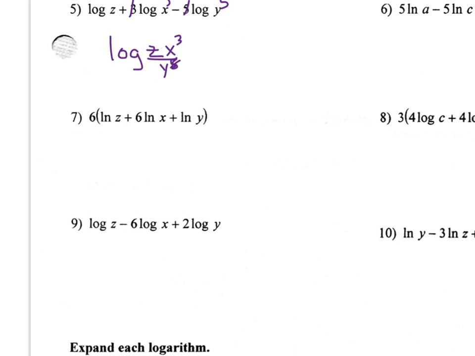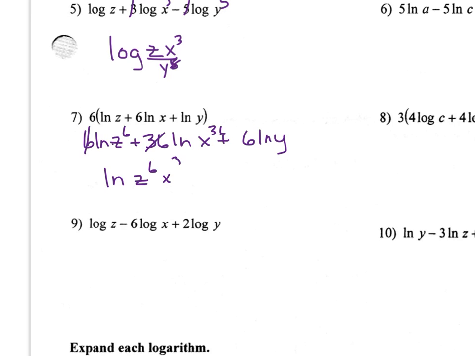Okay, you can distribute in that 6, or you can just make it one giant exponent. So it's the ln of z to the 6th, x to the 36th, and y to the 6th.